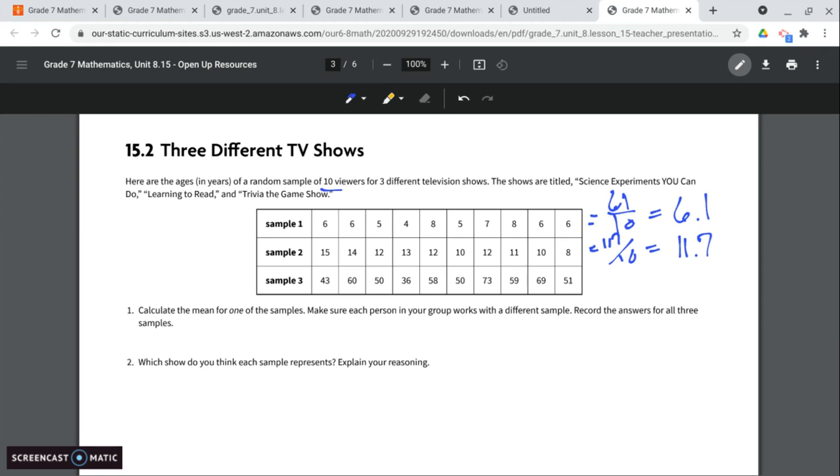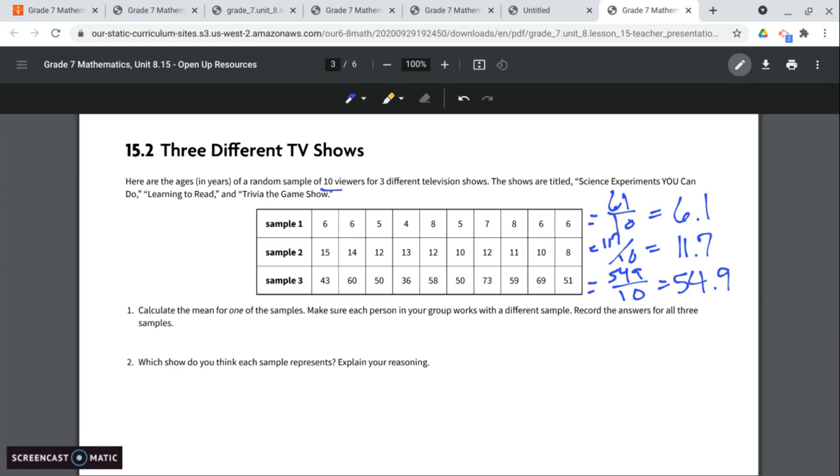And then the last one, 43 plus 60 plus 50 plus 36 plus 58 plus 50 plus 73 plus 59 plus 69 plus 51 gives us 549 divided by 10, which is 54.9. So there are different means.